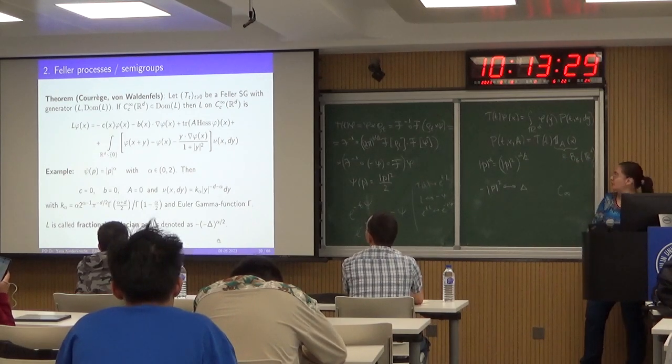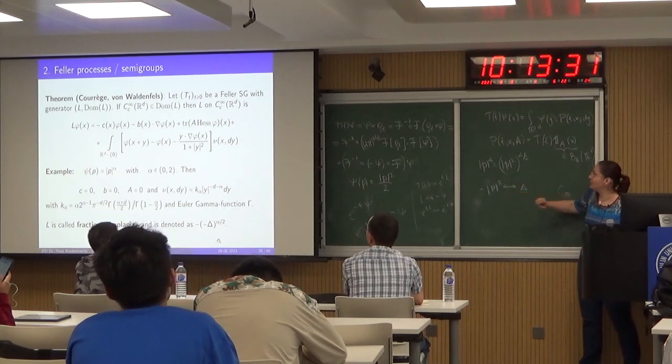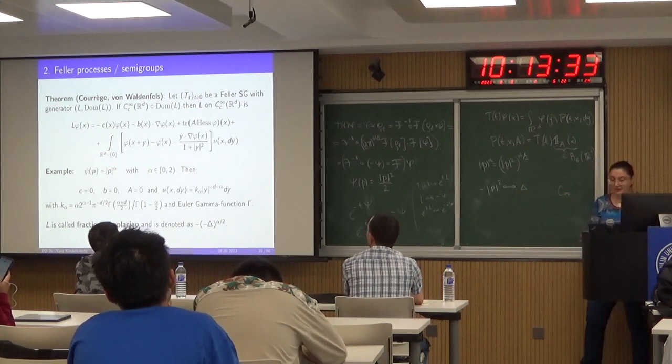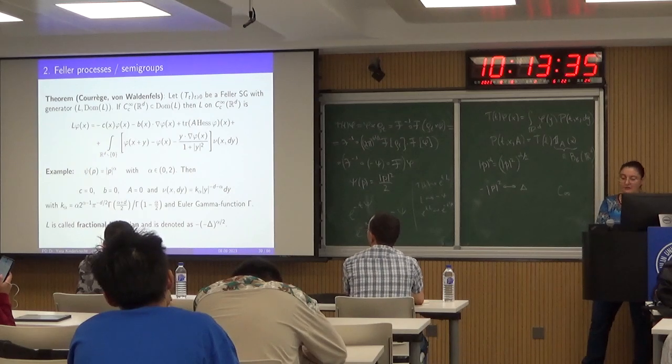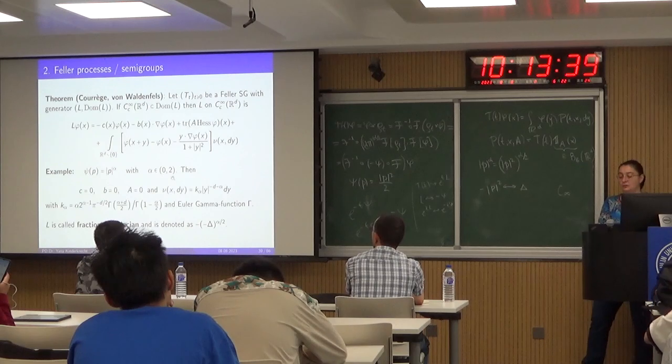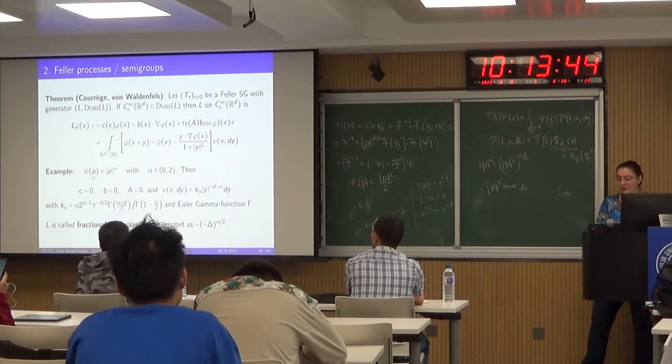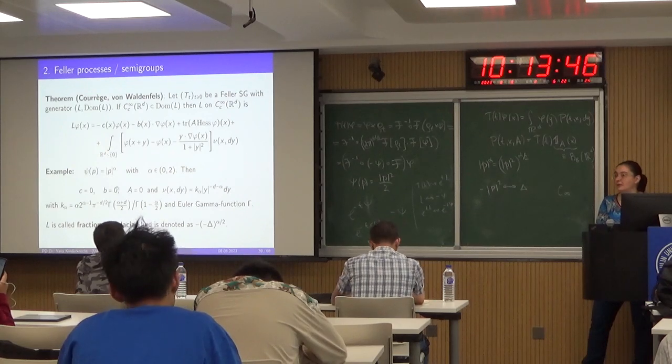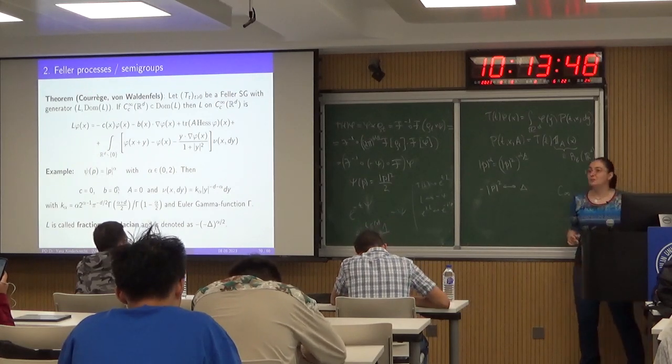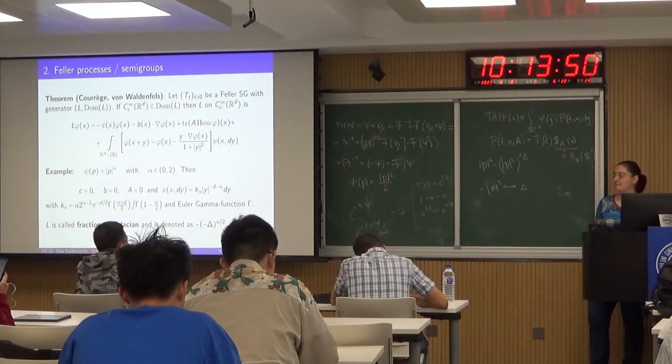Okay, so this is the motivation why we call this operator the fractional Laplacian, but this is a pseudo-differential operator with this symbol. Of course, for alpha between 0 and 2, this is not a polynomial with respect to p, and this is not a differential operator. It's a true pseudo-differential operator.